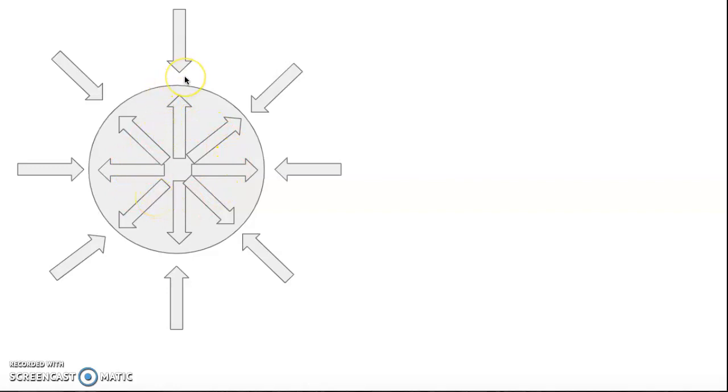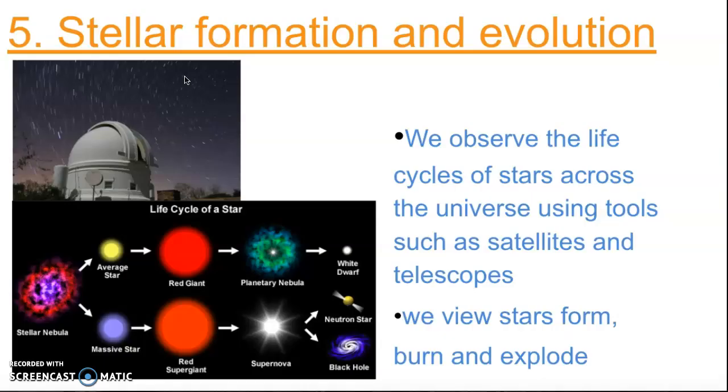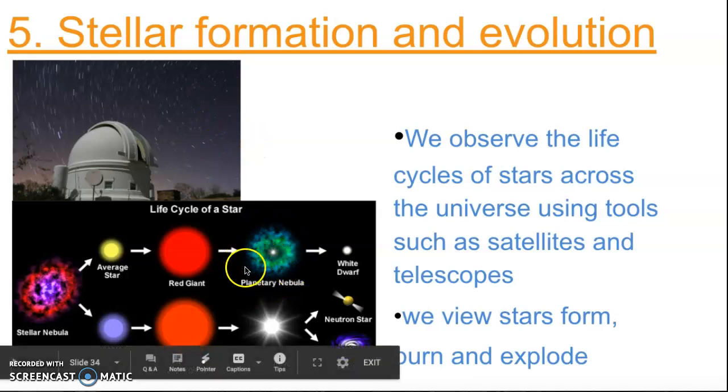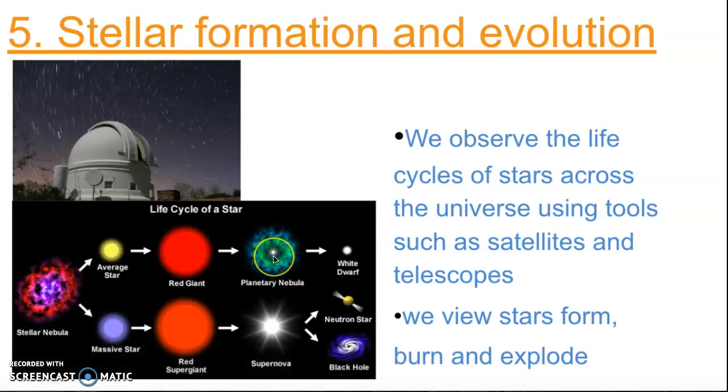But the gravity is still there. And it will instantly collapse. Boom, it'll collapse. It'll be sort of like pulling a tablecloth out from underneath the dishes. The dishes still stay in place. Well, what happens is a little bit of the outer layers of the sun are going to continue being out there. But most of the star is going to collapse into the center, into a white dwarf.